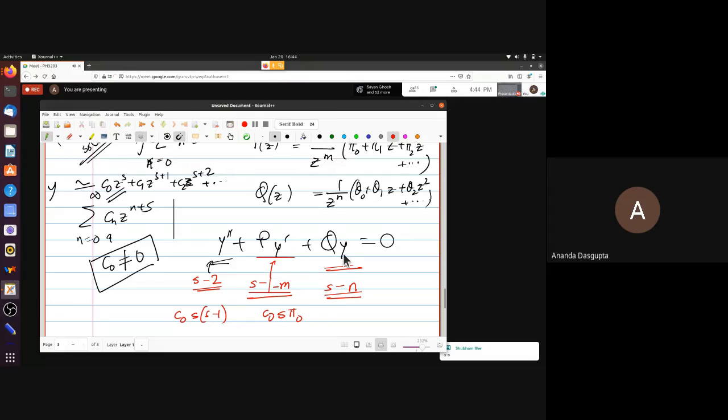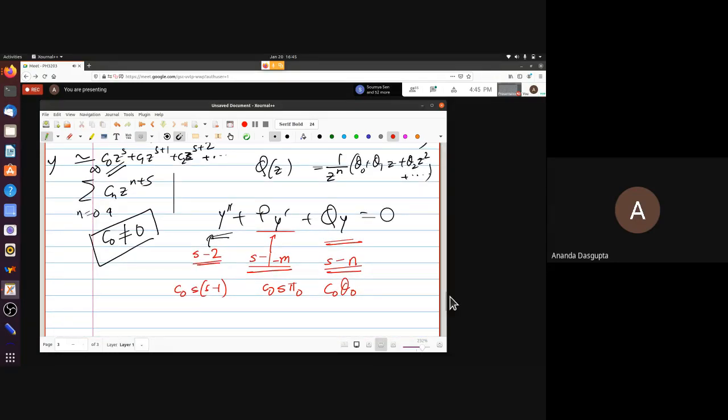Now among these, the lowest ones will give you the indicial equation, because that will involve only c0 and no other coefficient. And c0 cannot be 0, so whatever you get, after all, every coefficient has to vanish, and since c0 cannot be 0, it will give you an equation for s. This one, of course, will have c0 times theta 0. That's the coefficient of s minus n.